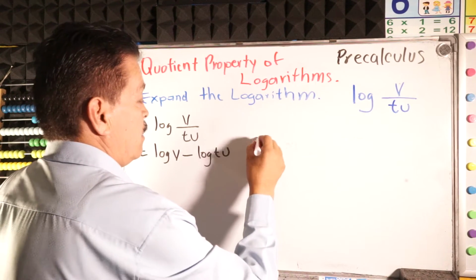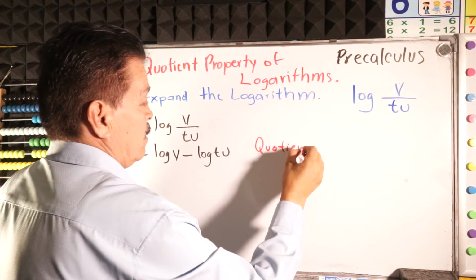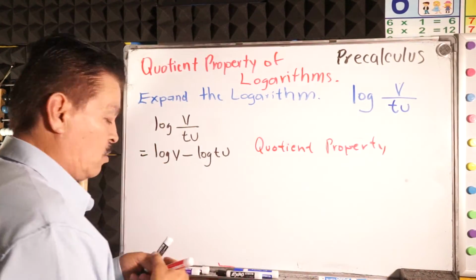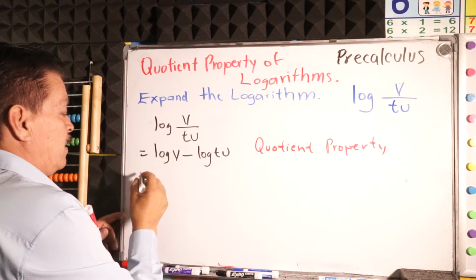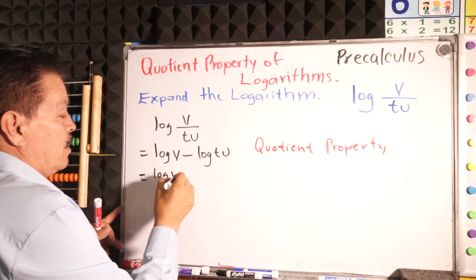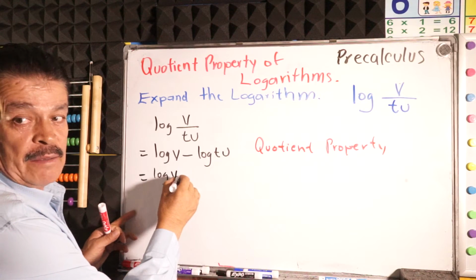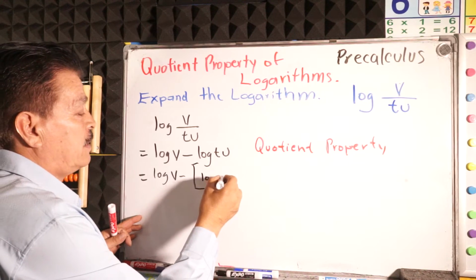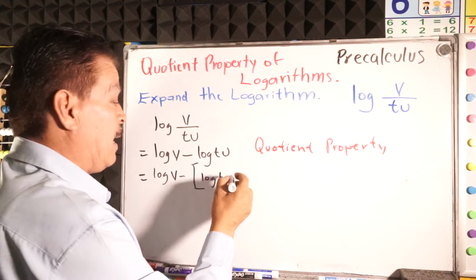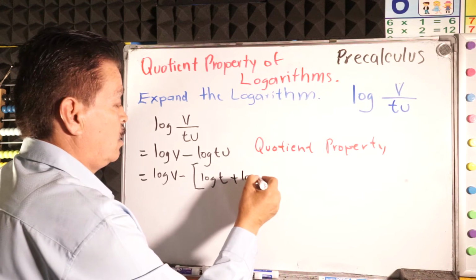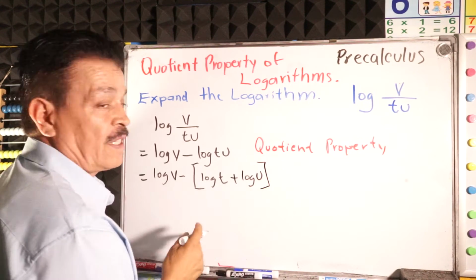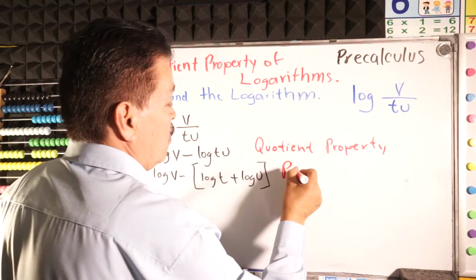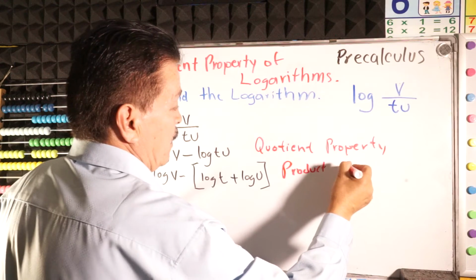This is the property. Very important. So next step, write log b minus, we have to write log t plus log u. Here we apply the product property.